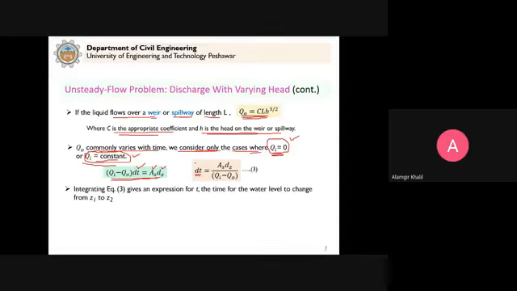So now we can integrate this equation. Just simply integrating this equation gives an expression for the time for the water level to change from Z1 to Z2. When you integrate, we integrate from 0 to t. Now you already know that integral and derivative are opposite, so they cancel out, and the right-hand side goes from Z1 to Z2.